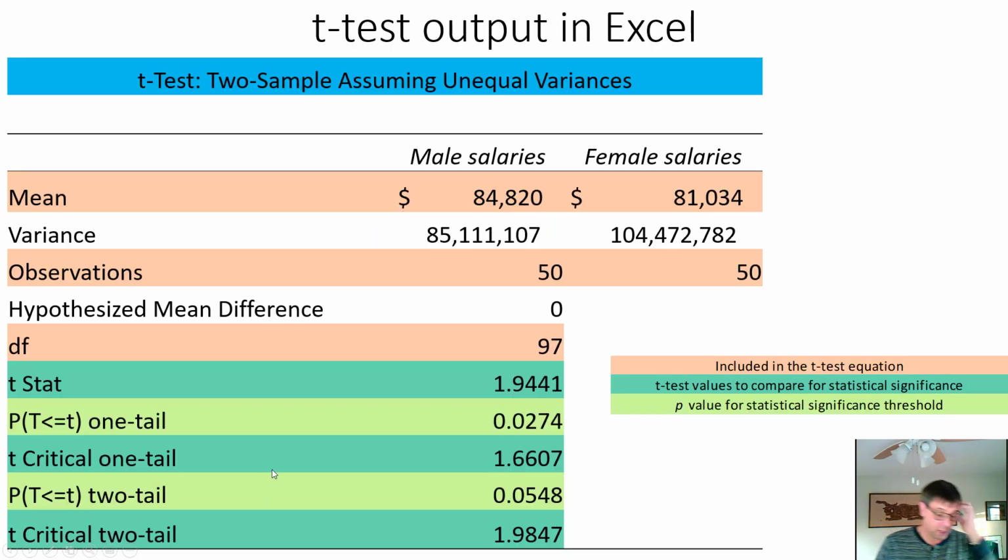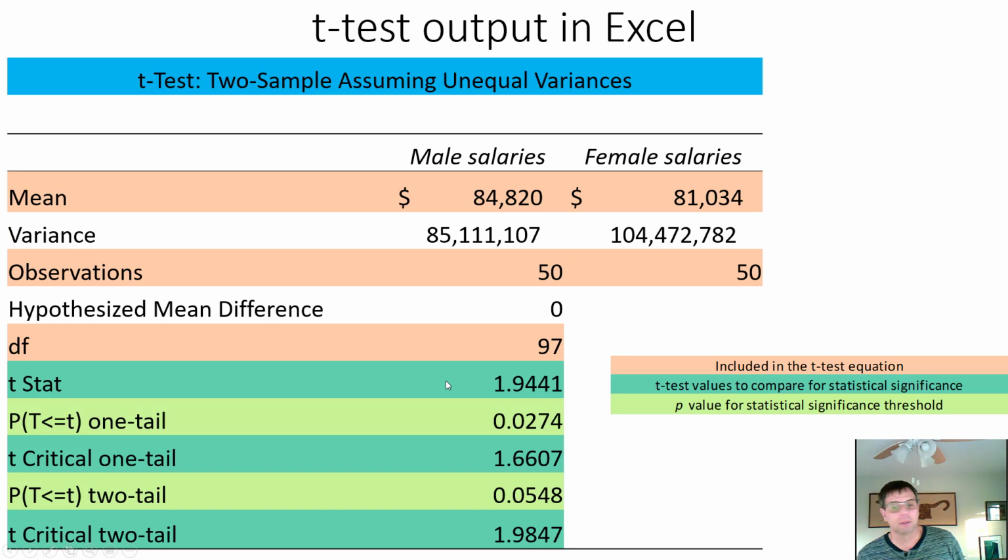And I chose 100 because I've got a sample with male salaries and female salaries, 50 individuals in each sample, and I highlighted in this peach color these 3 values that you would include in your test equation.